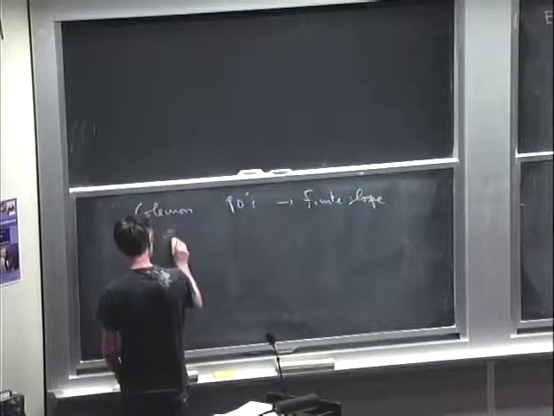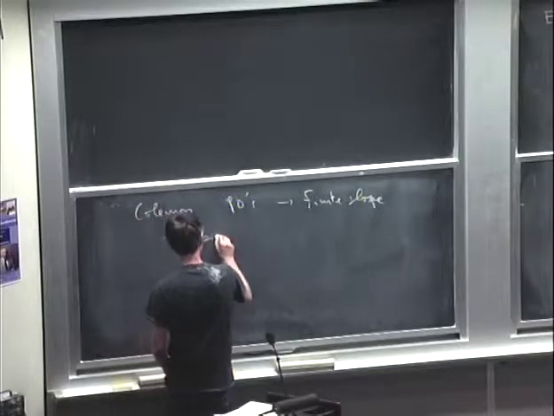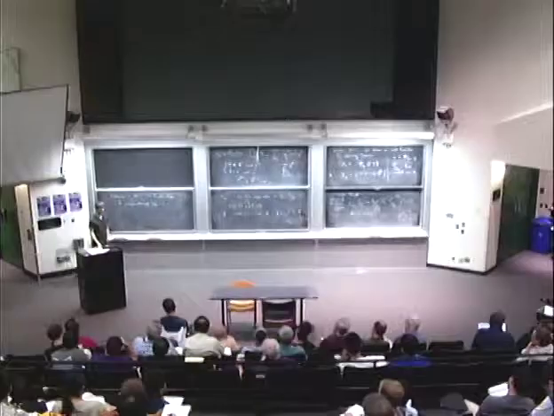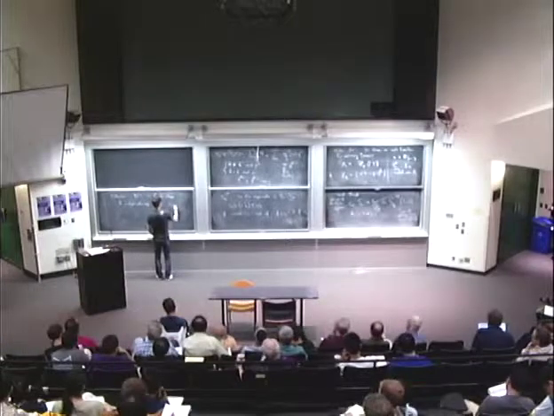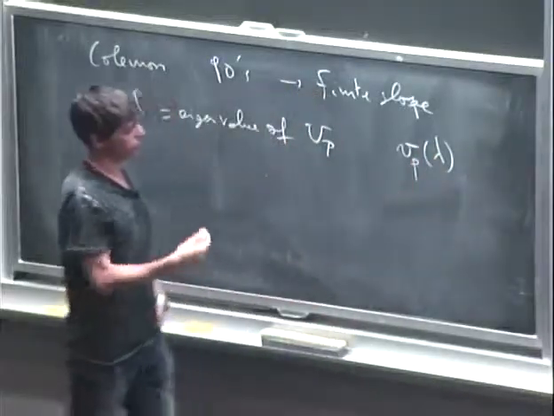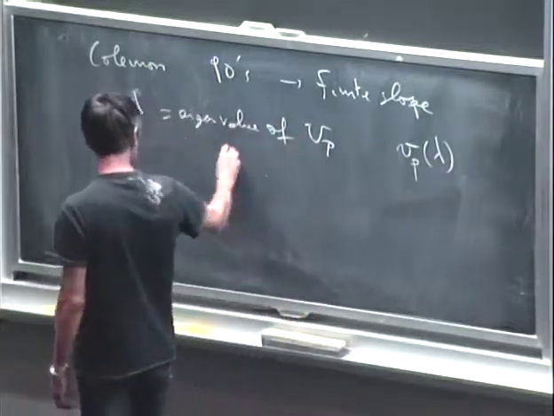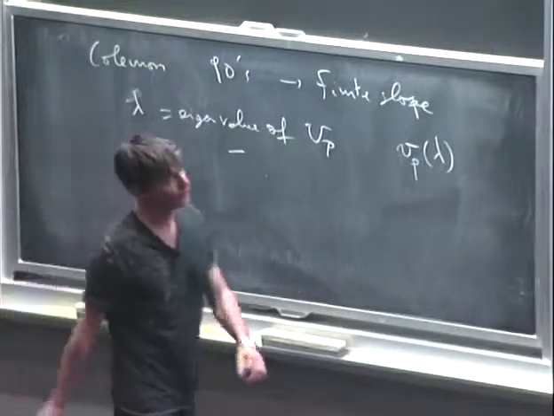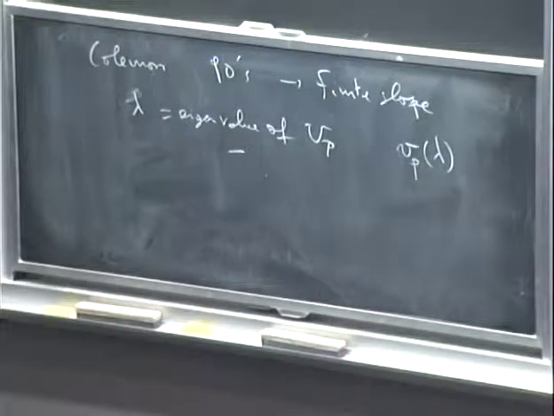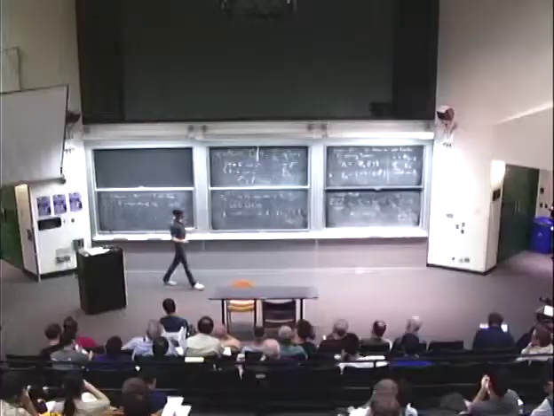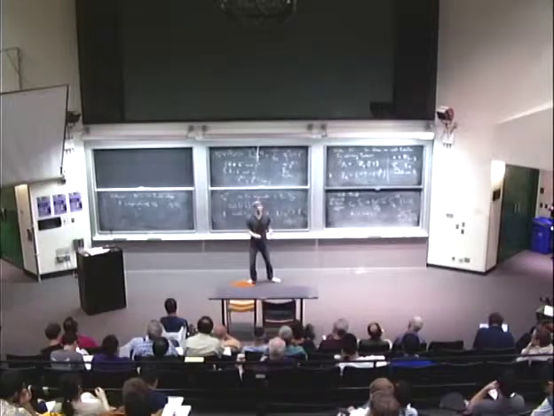If lambda is the eigenvalue of the U_p operator acting on the modular form f, the slope of f is just given by the p-adic valuation of lambda. And therefore, finite slope is just saying that this eigenvalue is non-zero. And so the method of Coleman is a bit similar, but there is an important restriction, is that it cannot work with all weights at the same time.